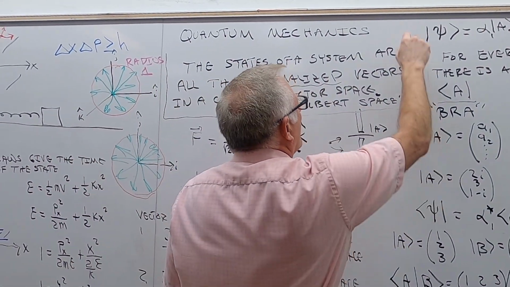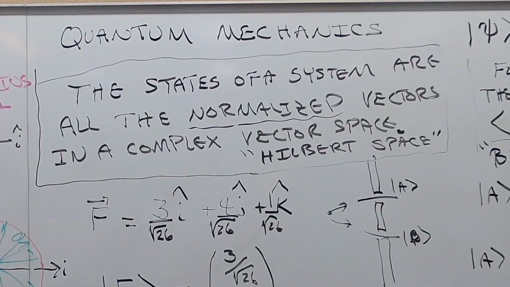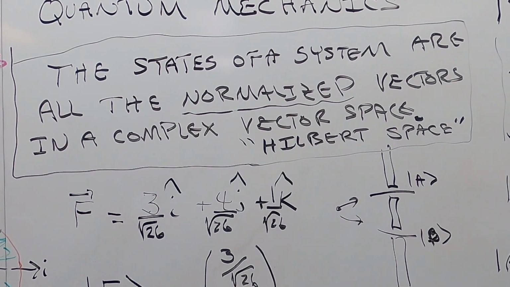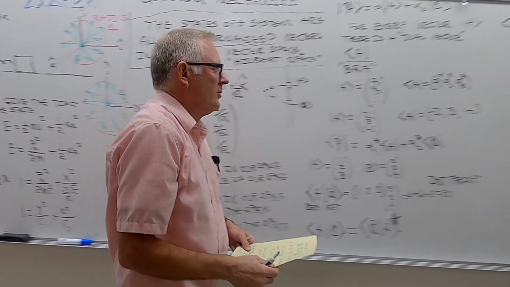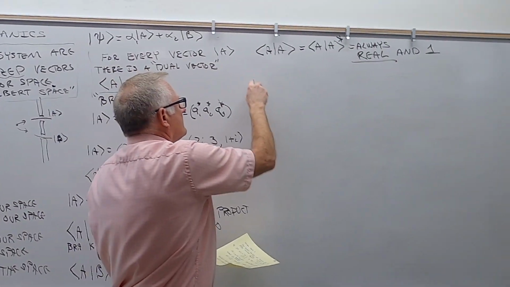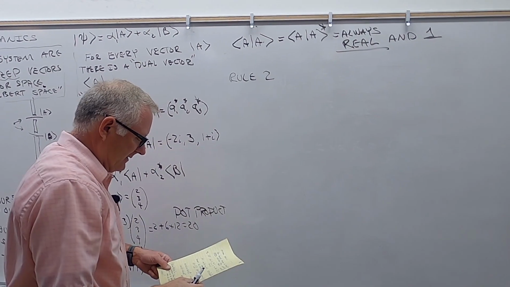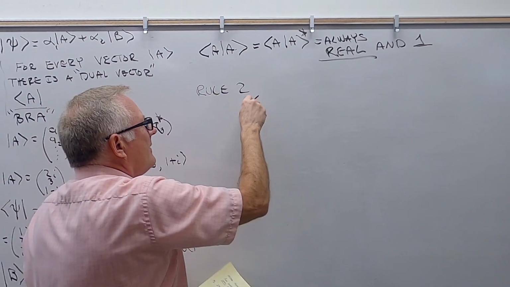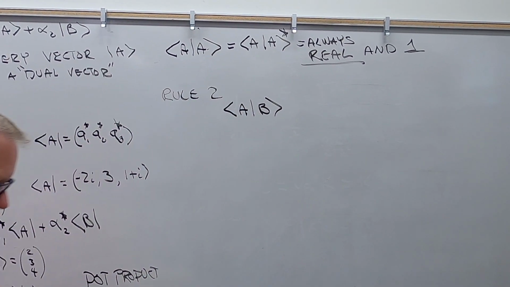But this is rule 1 for quantum mechanics: the states of a system are all the normalized vectors in a complex vector space. And our rule number 2 is this quantity A, B, right there.